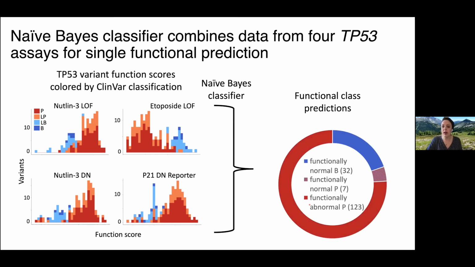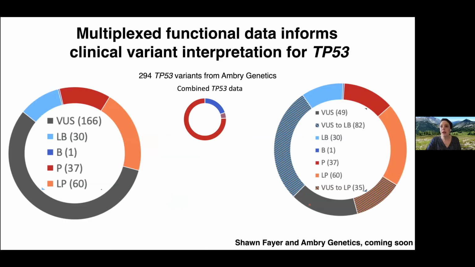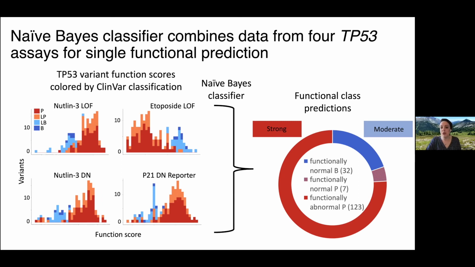The classifier performs very well at identifying functionally abnormal variants, and he can use those as strong evidence for pathogenicity. But it misclassifies a few pathogenic variants as benign. So this data is now capped at moderate evidence for benignity.